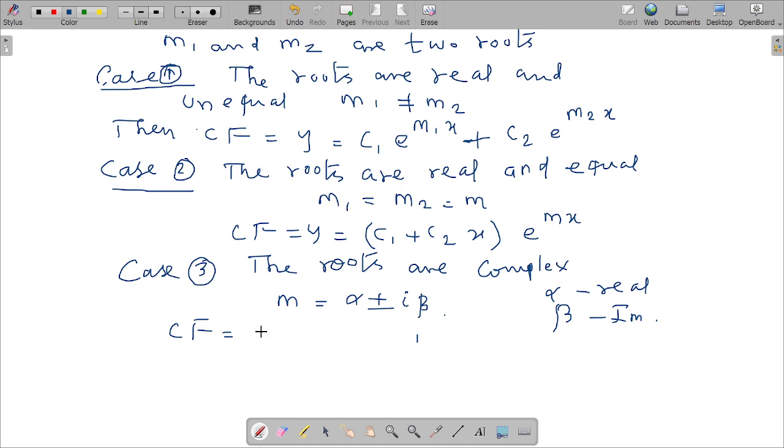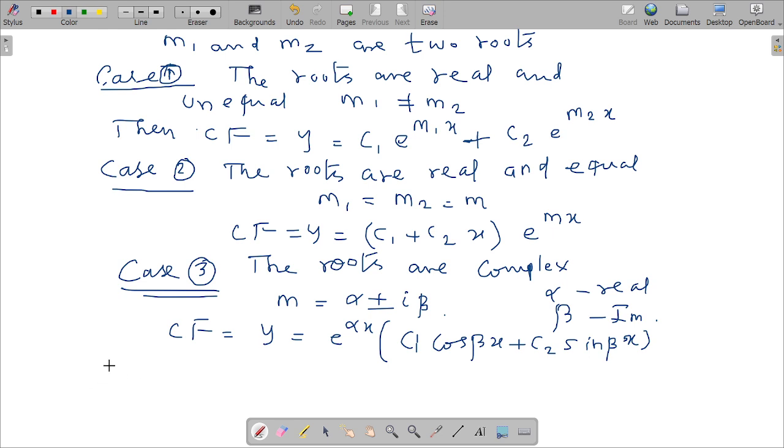Then the complementary function y equal to e power alpha x (c1 cos beta x plus c2 sin beta x). So there are three cases to find the complementary function.